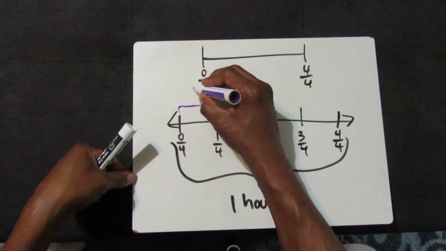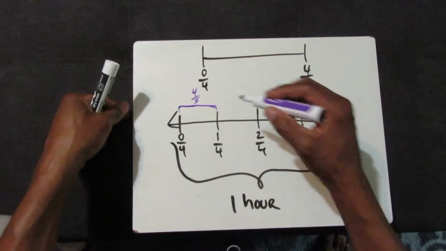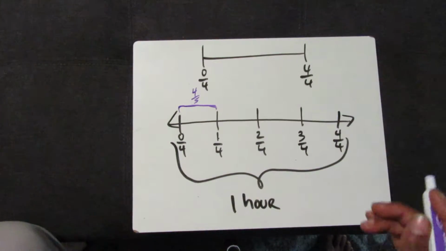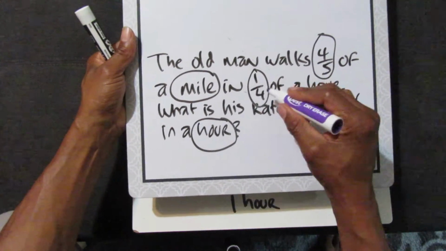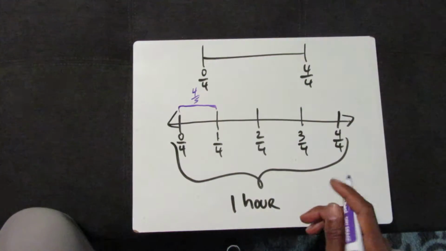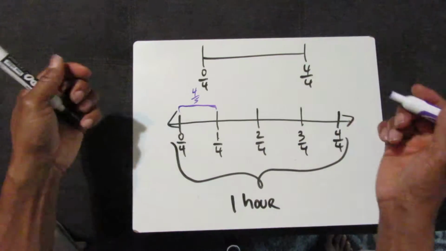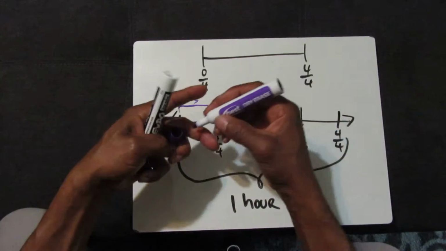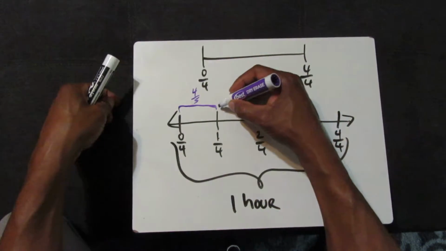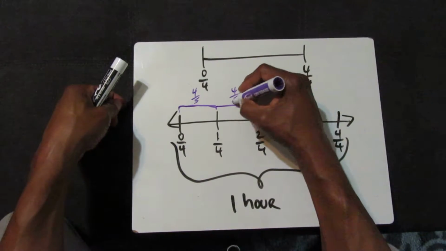How far did he go? 4/5 of a mile. Remember, he goes 4/5 of a mile in 1/4 of an hour. So I've said 1 hour, 4/5 of a mile. Well, what if he goes another 1/4 of an hour? Is that going to be another 4/5 of a mile?